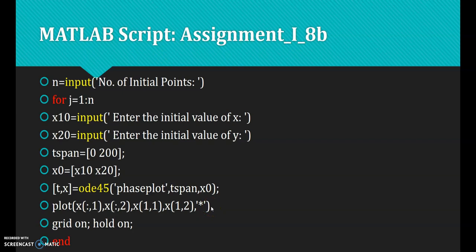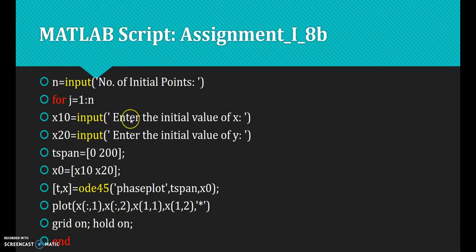Can you guess what you are expecting from this plot command with this star? Please think on that. And I have used grid on, hold on, because for one set of initial input it will plot, and I wanted that graph also.